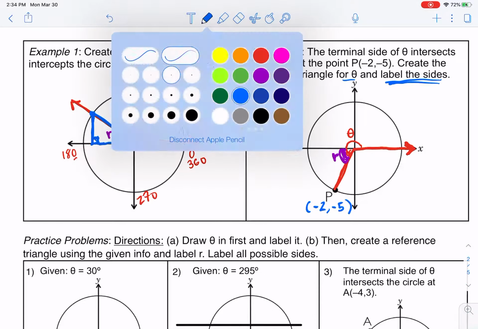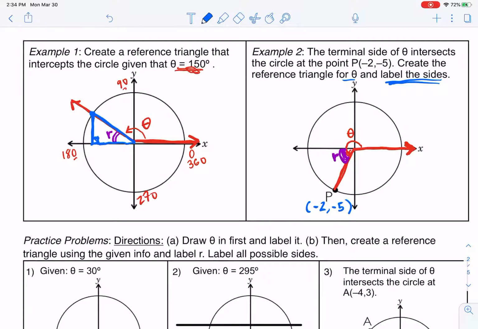Now to draw in my triangle, I drop a vertical line down to point P, extend the base of the triangle along the x-axis, and trace the hypotenuse there. And I'll indicate with a little box that it's a right angle.